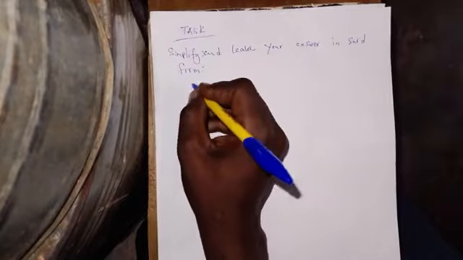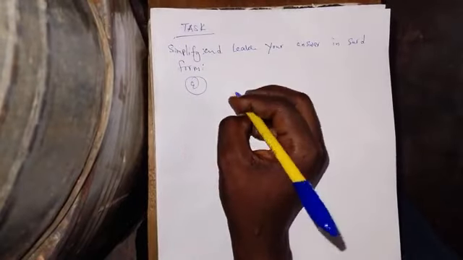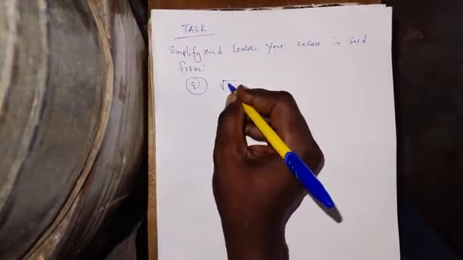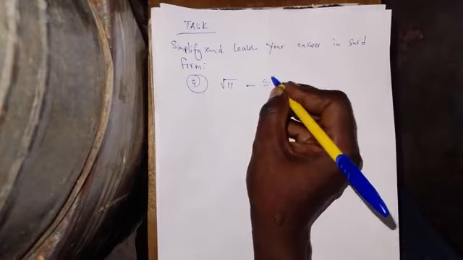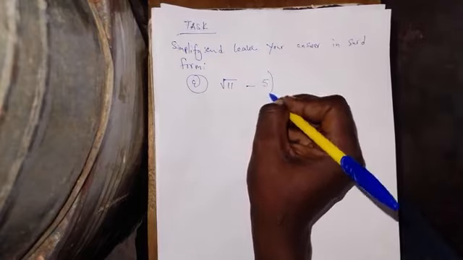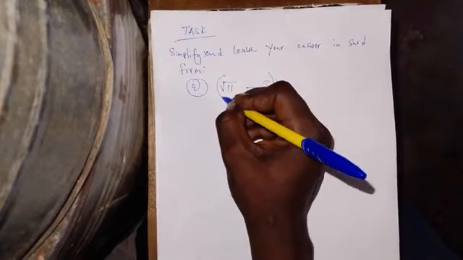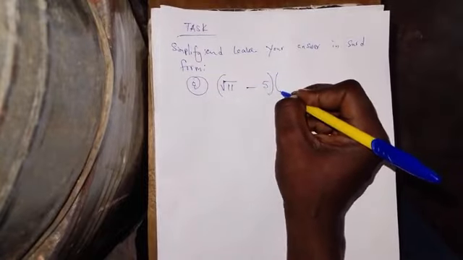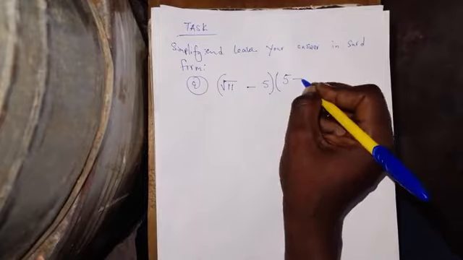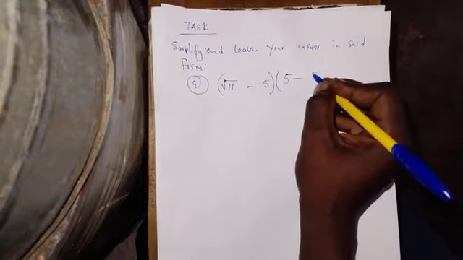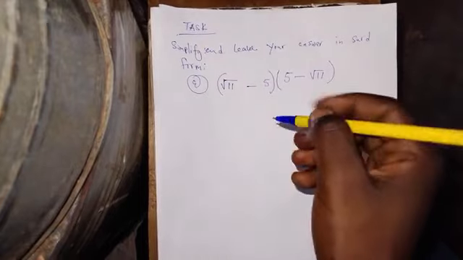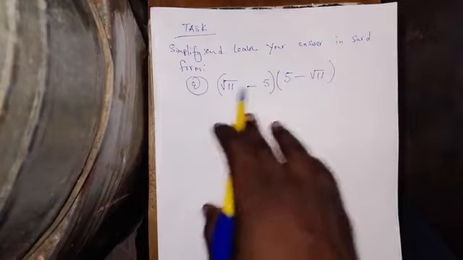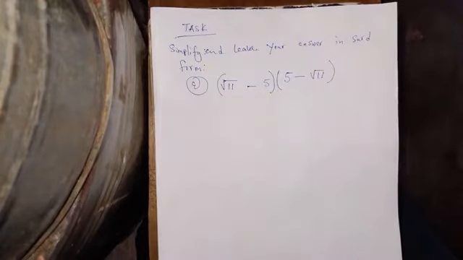So I want you to work on this one, which is (root of 11 minus 5), closed brackets, another open bracket, (5 minus root of 11). So just simplify this one. What is it going to be? I just want you to simplify it first.